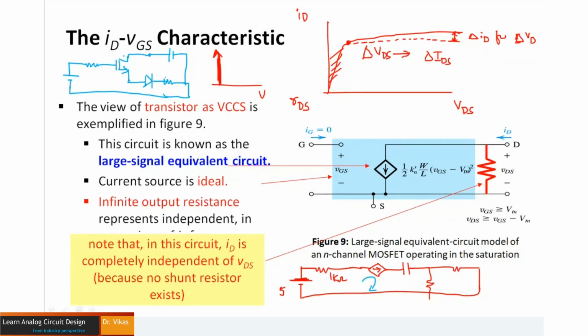That means this MOSFET can be replaced with this particular model. Like I told, the MOSFET is going to behave as a voltage controlled current source, that is, a dependent current source having a value of 1 by 2 kn dash W by L (VGS minus VT) whole square.